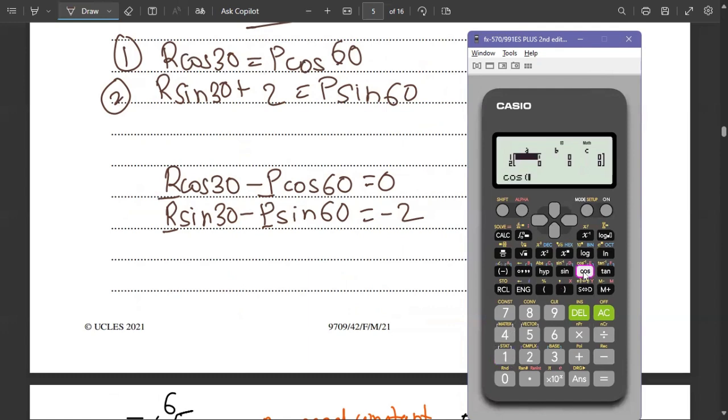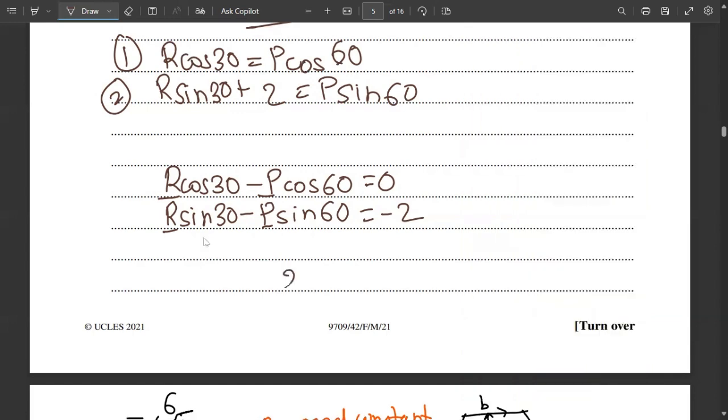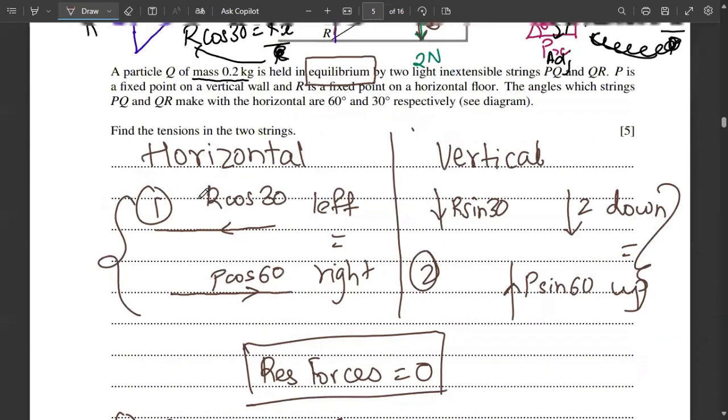So first I'll have to write cos 30, then minus cos 60, then 0, then sine 30, then minus sine 60, then minus 2. So the answer I'll get is 2 and 3.464. So R, the first variable, will be 2 Newton, and P, the second variable, will be 3.464 Newton. And that's how we get our answers.